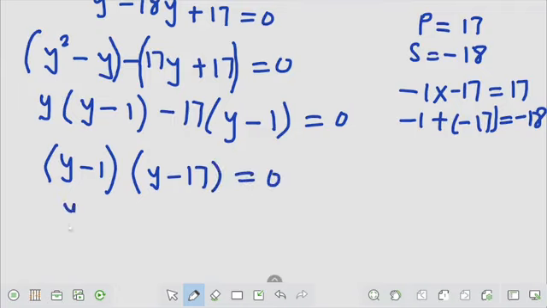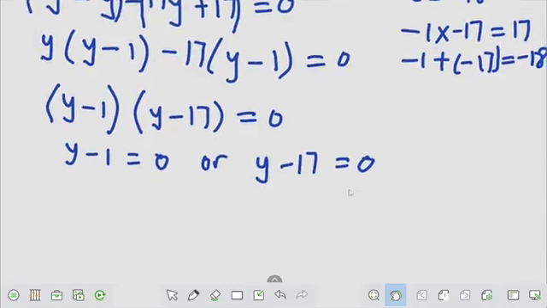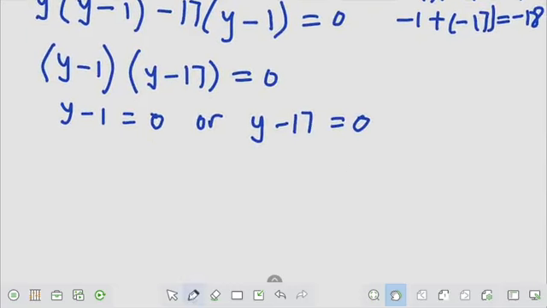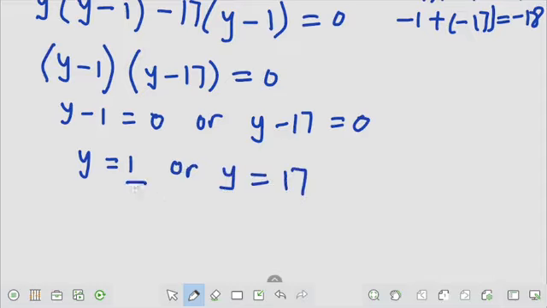So y minus 1 is equal to 0, or y minus 17 is equal to 0. From here, we can just solve for y. We say y is equal to 1 or y is equal to 17. So these are the two possible values of y.